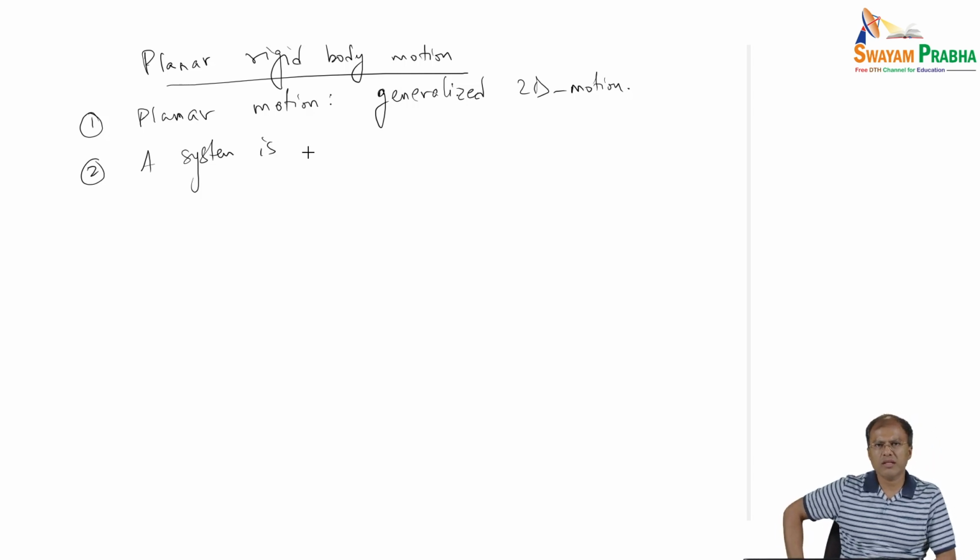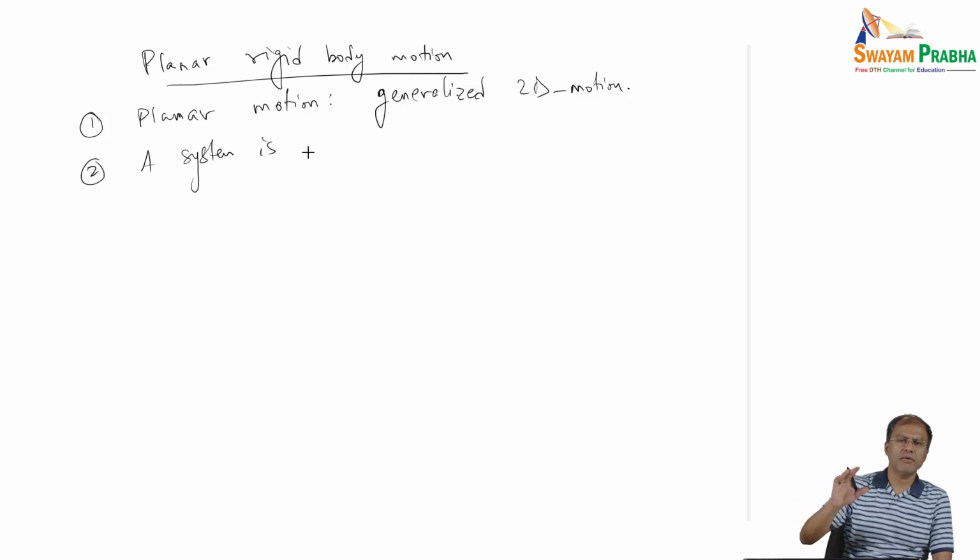So planar motion, the idea is quite intuitive and should be quite clear. When we talk about the motion being planar, the system of particles can be found in a single plane called the plane of motion, right?